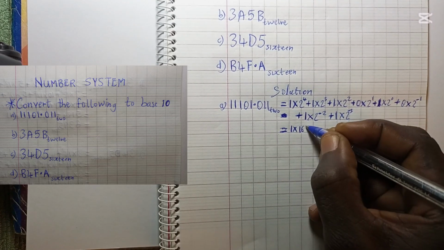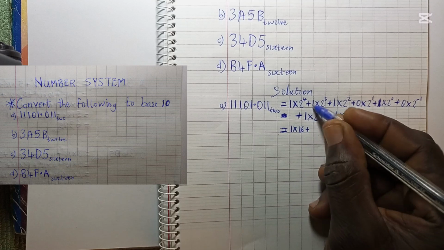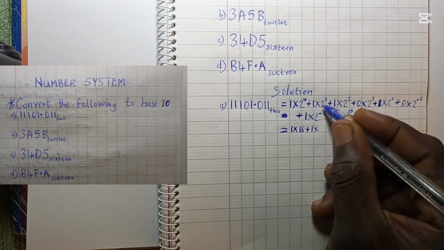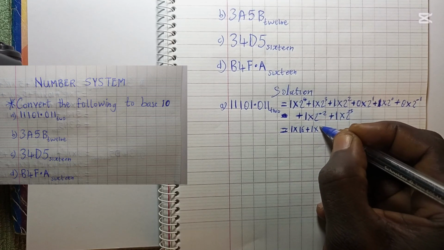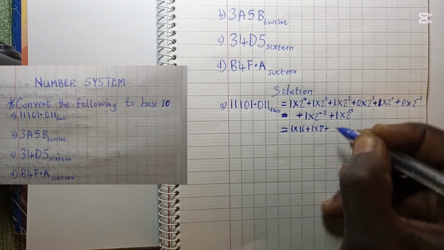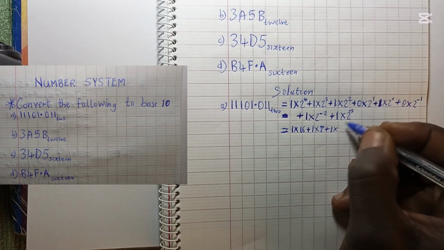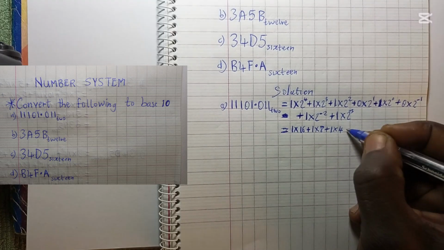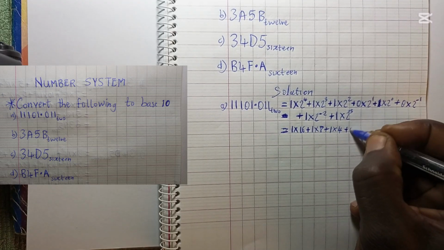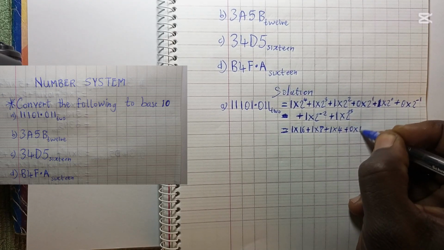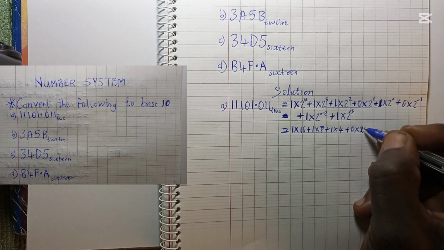1 times 16 plus 1 times 2 raised to power 3, that is 8. 1 times 8, plus 1 times 2 raised to power 2, that is 4. 1 times 4 plus 0 times 2 raised to power 1, which is 2.